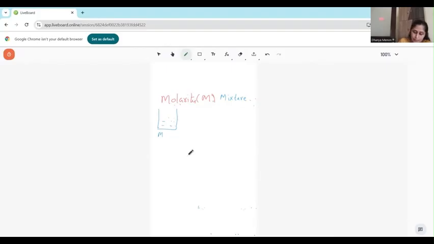I'm adding another substance, maybe the same solute, with molarity M2, volume V2.